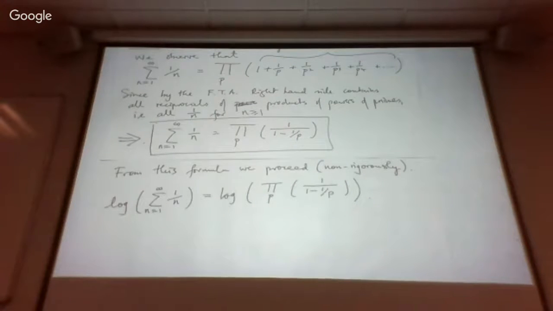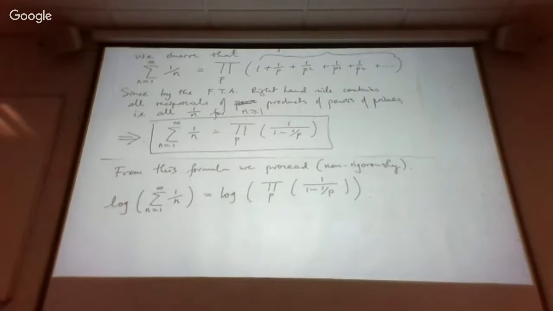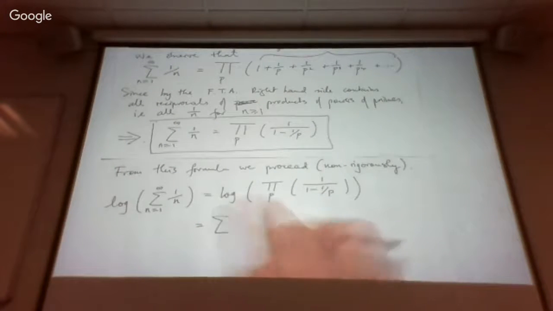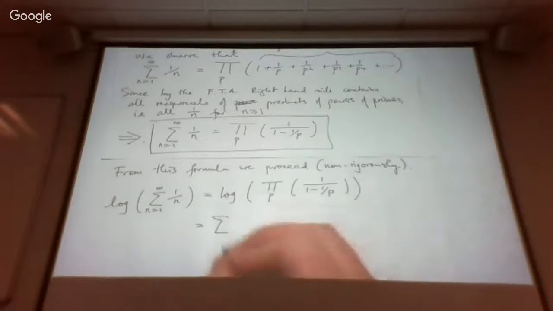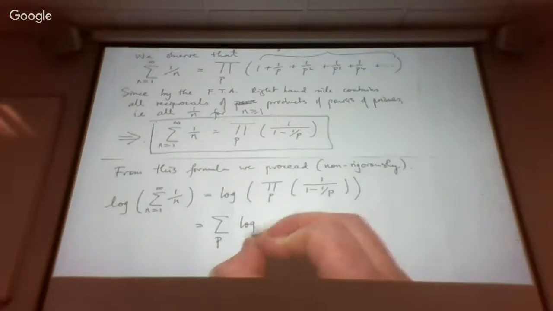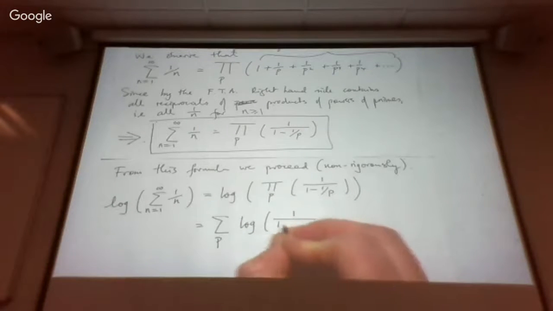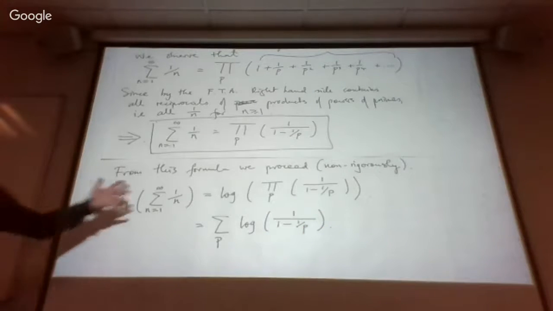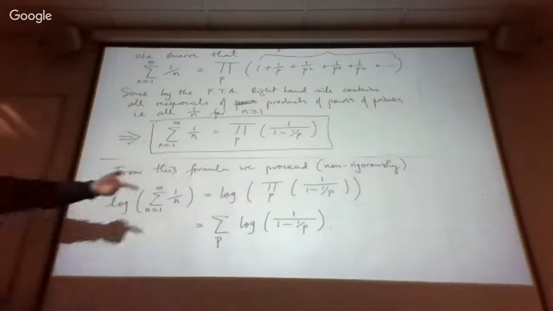Now, what happens when you take the logarithm of a product? When you take a logarithm of a product, you get the sum of the logarithms. So the logarithm moves inside the product, and the product turns into a sum. And what happens when you take the logarithm of a reciprocal, 1 over something?